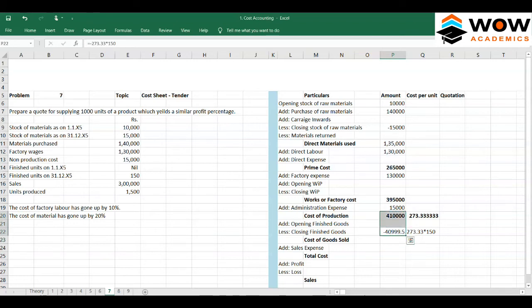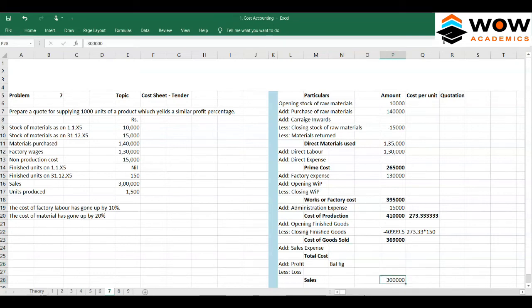Cost of goods sold is 3,69,000. So we got our cost of goods sold. Sales have been for 3 lakh. Sales is 3 lakhs. So profit would be the balancing figure.